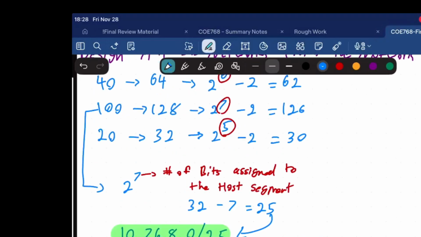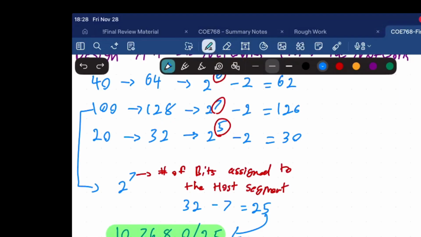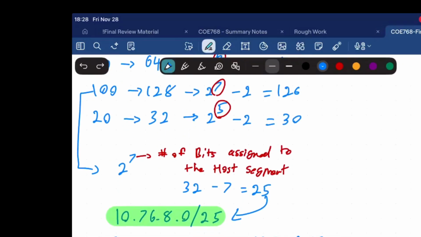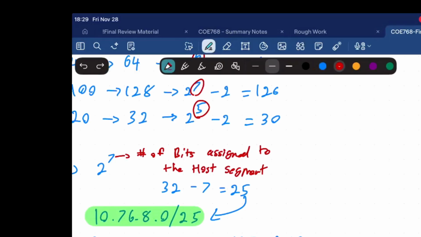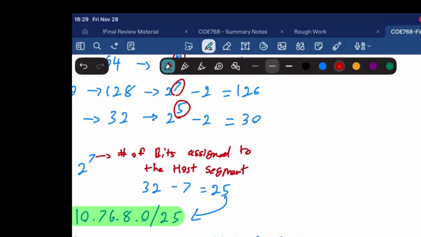What we're doing is basically adding this 128, the total number of addresses that we have in this 2 to the power 7, and we're taking away 1 and adding it to the initial network address. And from here, just as a reminder, this is going to be your NID, network ID, and this is your broadcast. These are just short forms that are used in industry for each of them respectively.